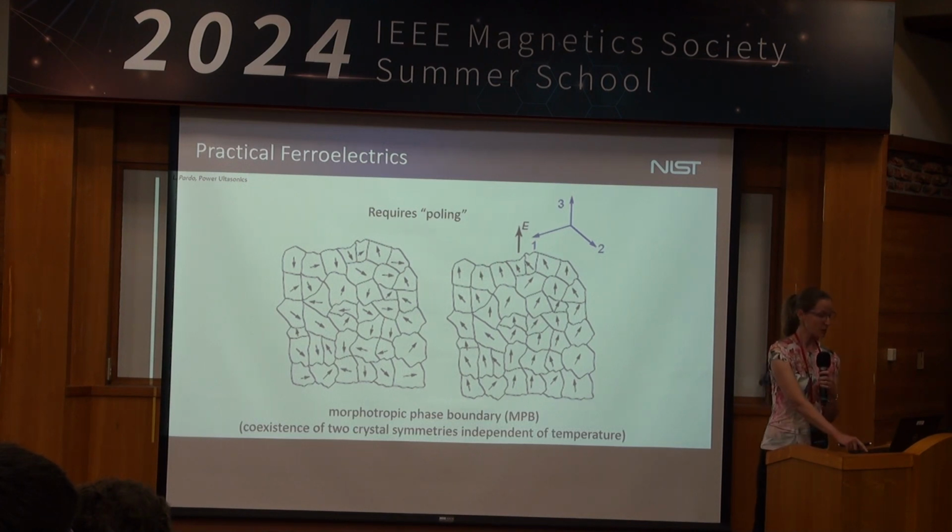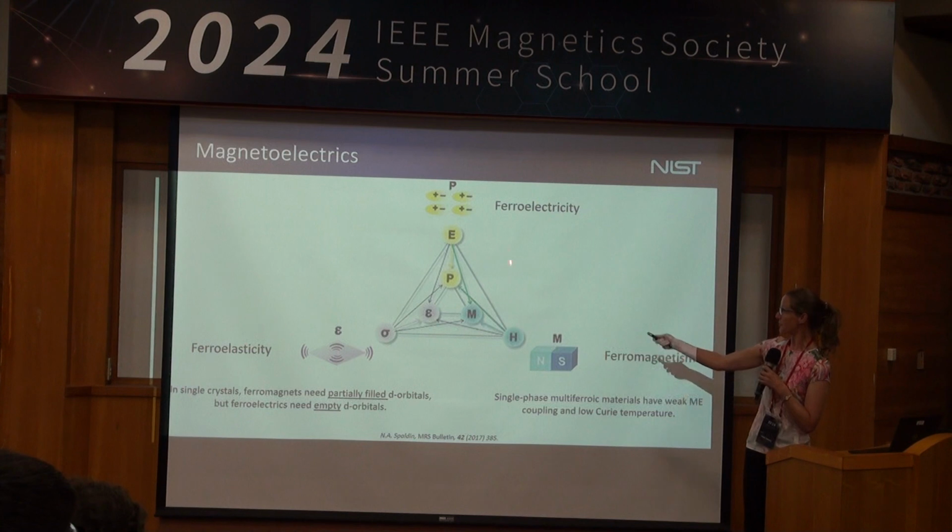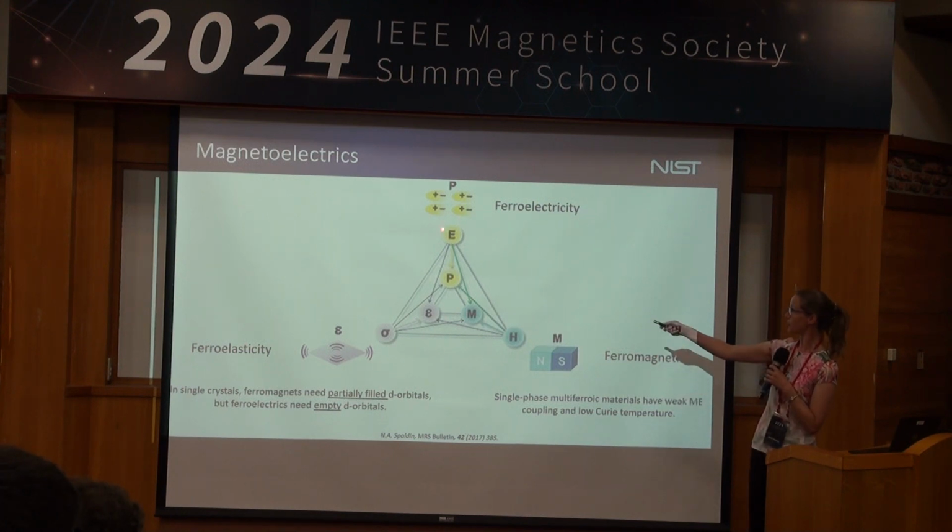Okay? But one of the interesting things with these practical ferroelectrics is that you can combine them with other effects. You could have your ferromagnetism, or you could have your ferroelastics. Again, ferro in this case just means memory. This generates a field that's called multiferroics. You may have seen this kind of diagram before: you have electricity, your magnetic field, your stress and strain, which corresponds to your elastic modulus, your magnetization, your polarization.